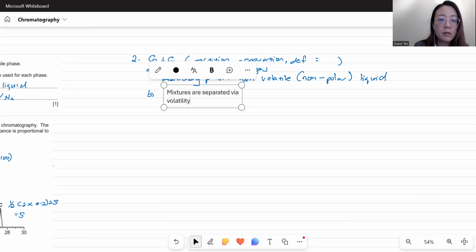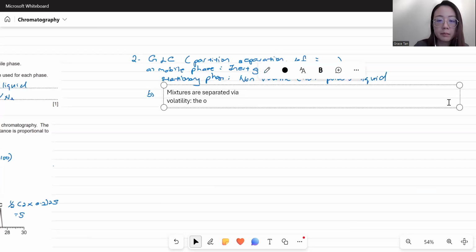Volatility: the more volatile the compound, the faster it travels and the shorter the retention time.